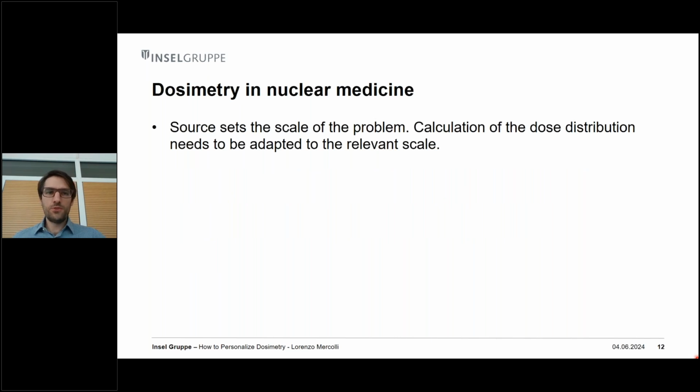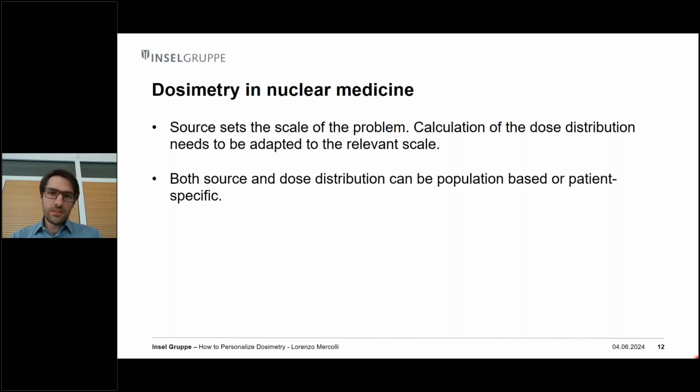Now, just a few comments. I like to think about dosimetry or the problem of computing a dose in nuclear medicine as the source setting the scale of the problem, and the dose calculation or the calculation of the dose distribution should then be adapted to the scale set by the source.